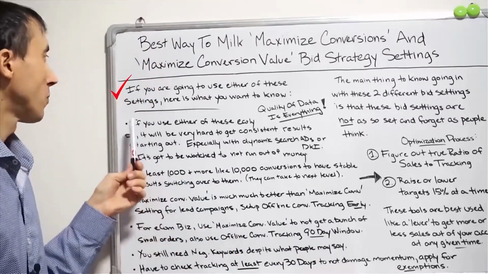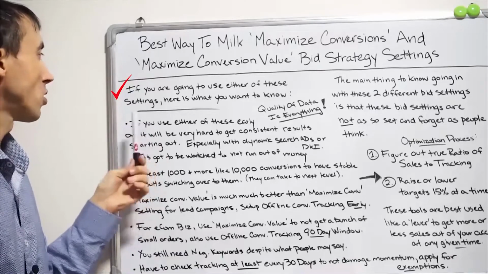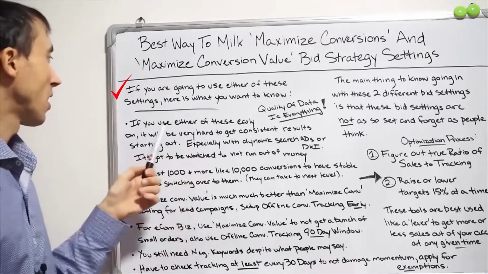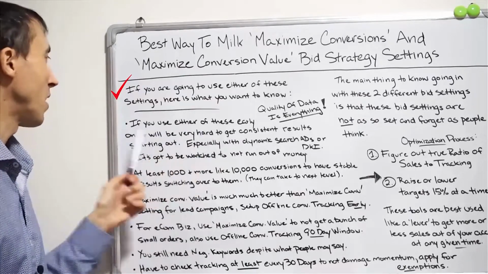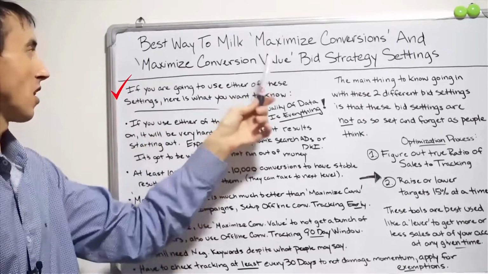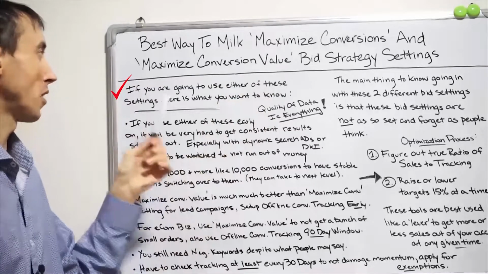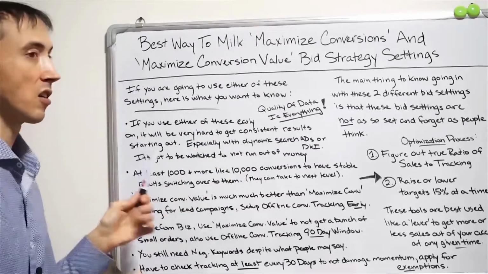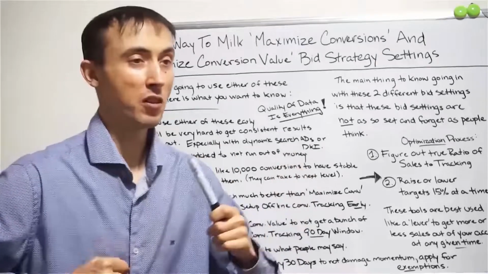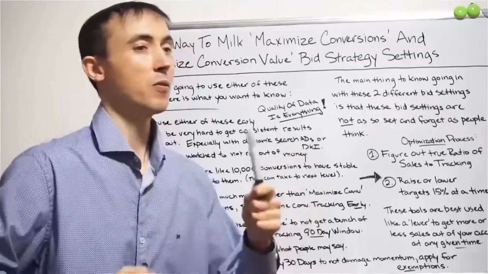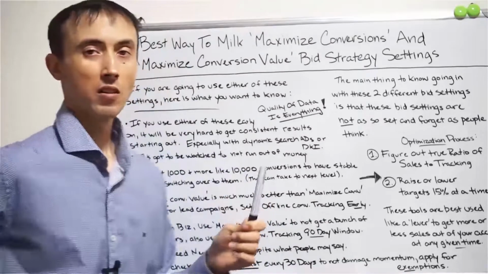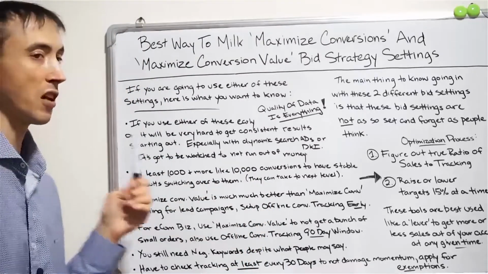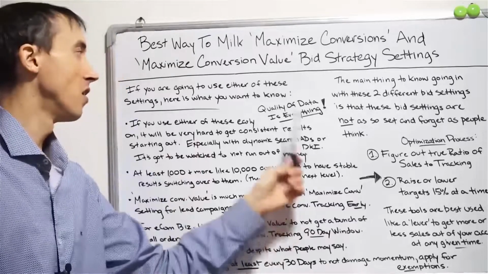The first thing is, if you're going to use any of these settings, here's what you need to know. If you use either of these bid strategy settings, maximize conversions or maximize conversion value, early on, as in I'm going to set up a new campaign and tell Google I want a conversion for $30 and go, it will be very hard to get consistent results starting out. Why?